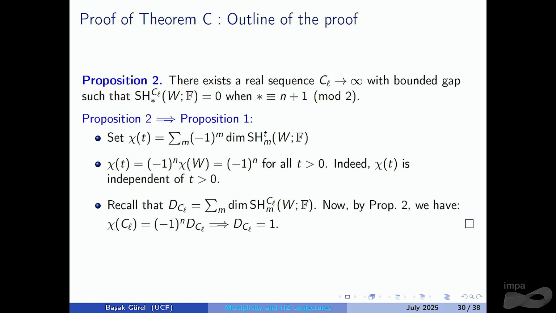And then remembering that this d_{c_L}, the dimension that I am interested in, is simply the sum of these guys, now I can use this and this to conclude that. Just insert the relevant things in the right places and conclude. So we need to prove proposition 2, basically.